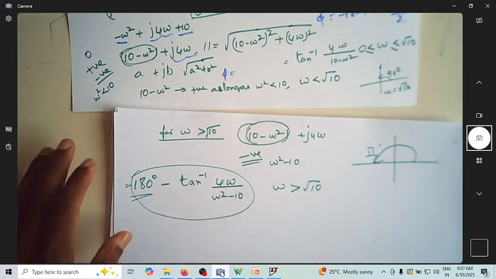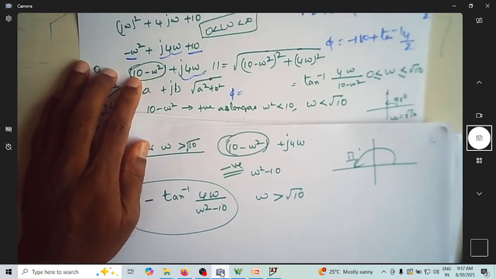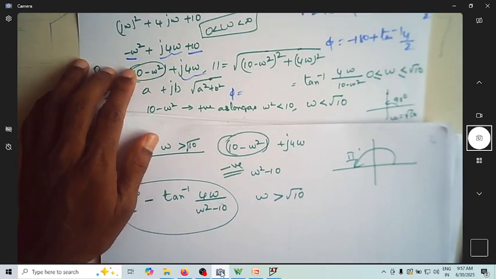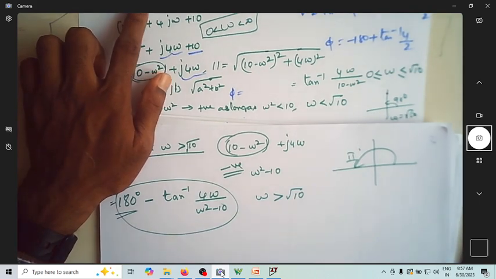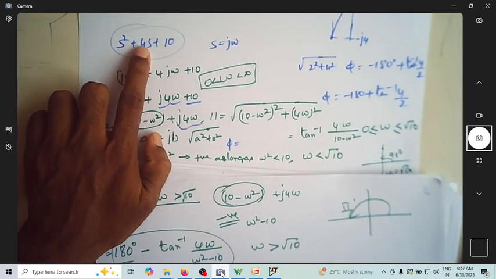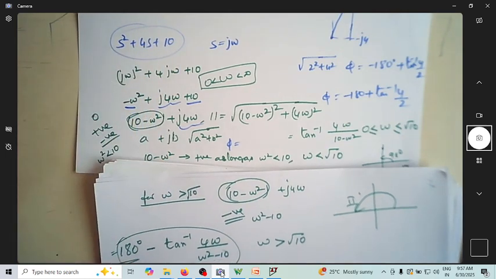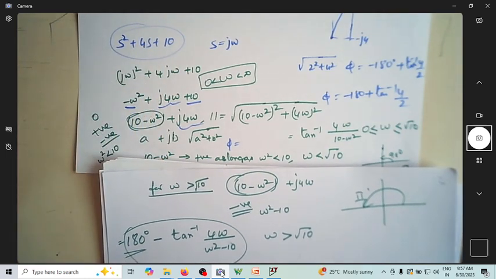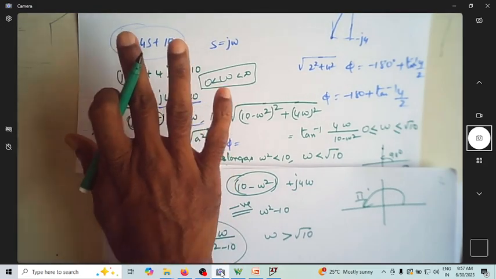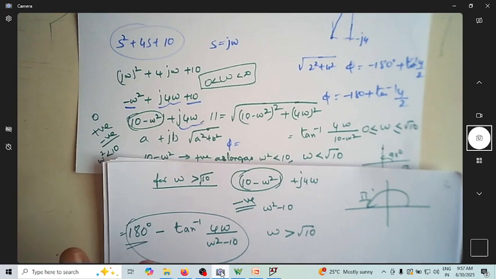So for this particular quantity, which is nothing but s square plus 4s plus 10, we got two phase equations. I'm just simply writing it, whether it is polar or zero is immaterial.